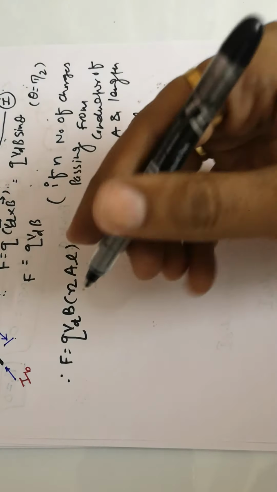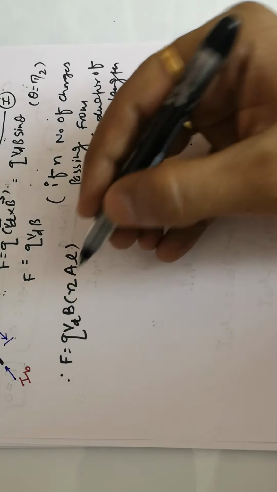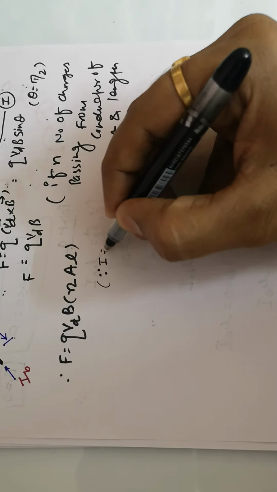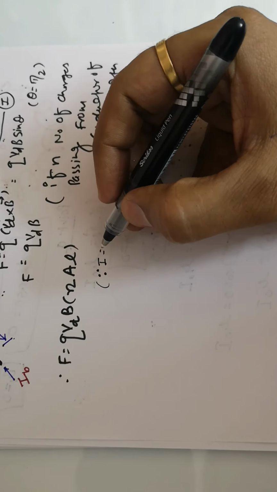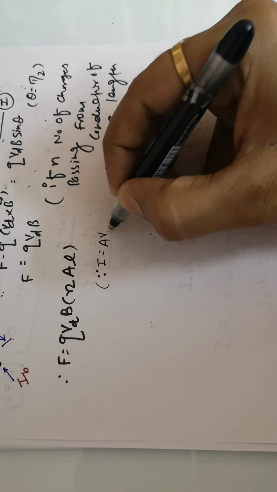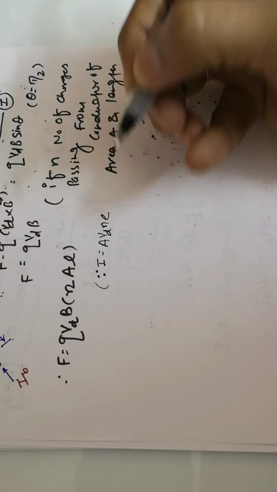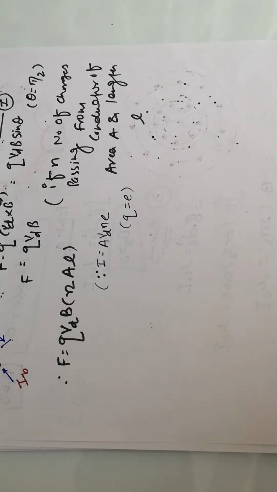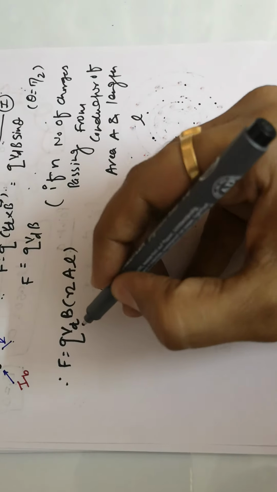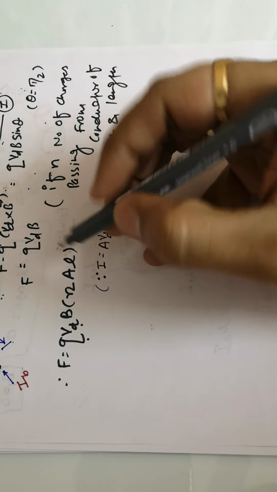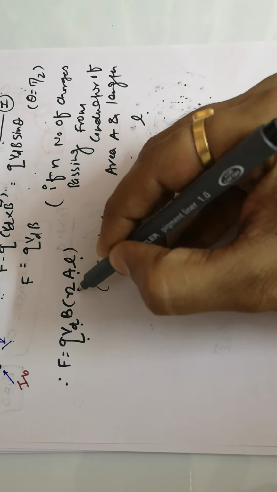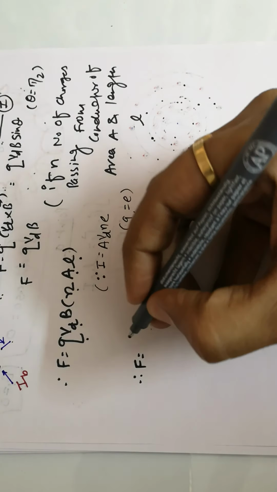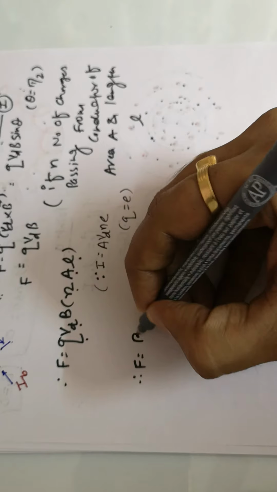In chapter number 3 you are aware that the current passing is given by current density, that is I equals n A VD e, where e is the charge. So my equation contains VD, the electron charge, area, length and number. What is left is B, the current, and the length.